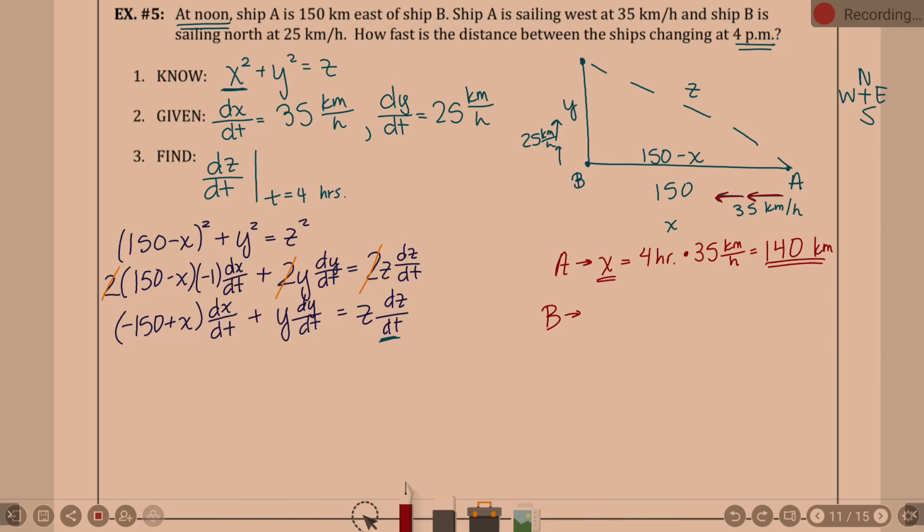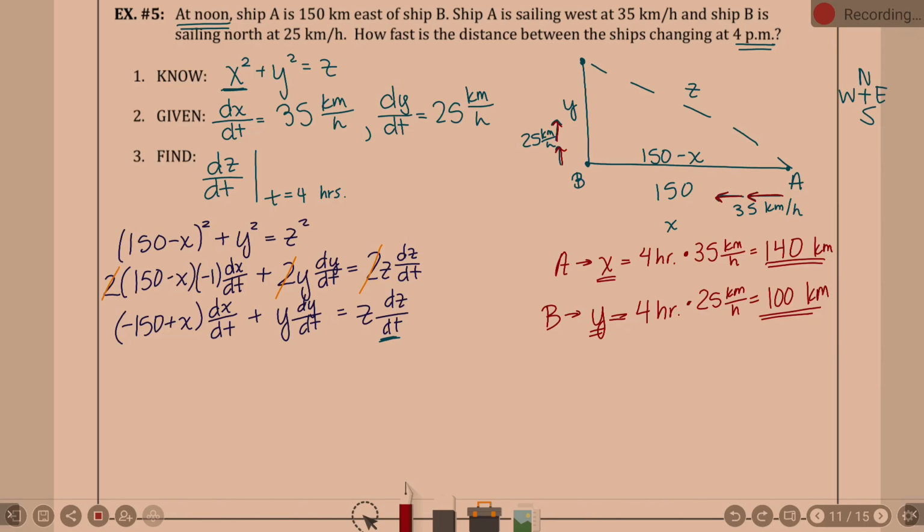Now, what about boat B? It's going up or north. That's going to be equivalent to the y value, right? What do we know about that boat in 4 hours? 4 hours times the rate of 25 kilometers per hour, and that's going to give me 100 kilometers, yes?